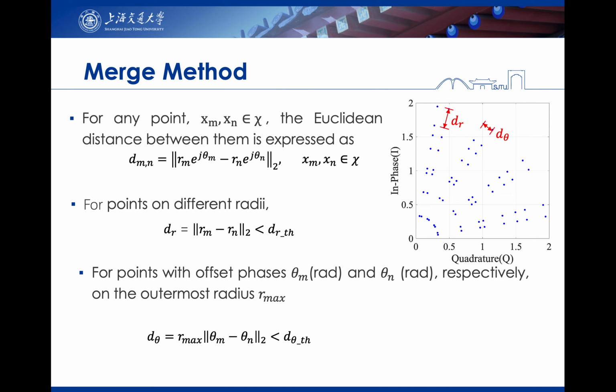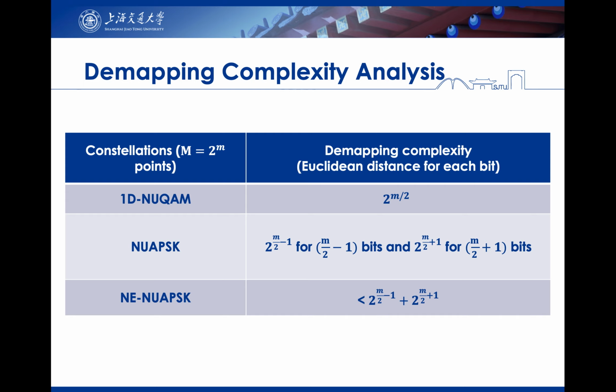Here we give the analysis of the demapping complexity for a constellation of order m. The demapping complexity is 2 to the power of m over 2 for 1D NUC, and 2 to the power of m over 2 minus 1 plus 2 to the power of m over 2 minus 1 for NU-APSK in the ATSC 3.0 standard.